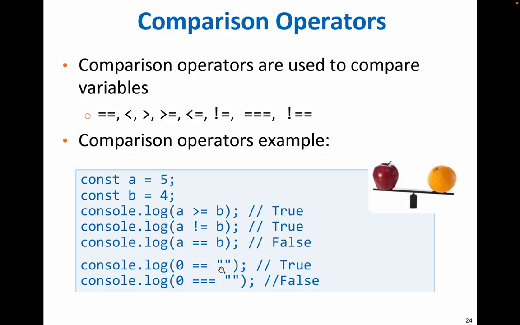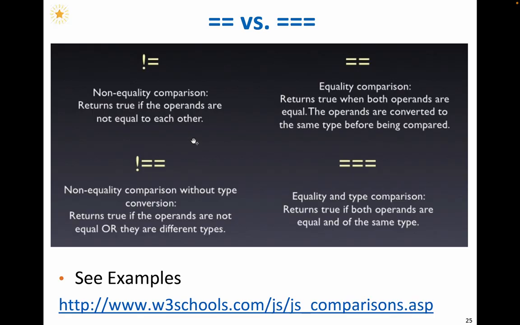An empty string from a numerical representation is 0, its value is 0, so then this becomes true. So again, there's a difference between double equal sign and triple equal sign.